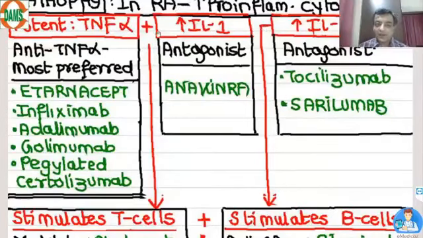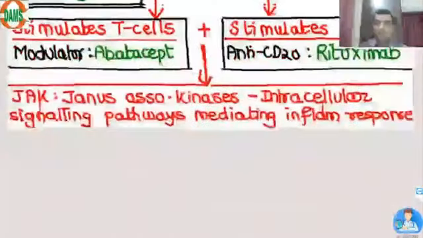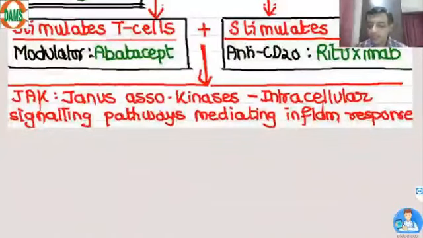TNF alpha plus interleukin 1 stimulates the T cell. Interleukin 6 stimulates the B cell. So we can block the T cell and the B cell also.